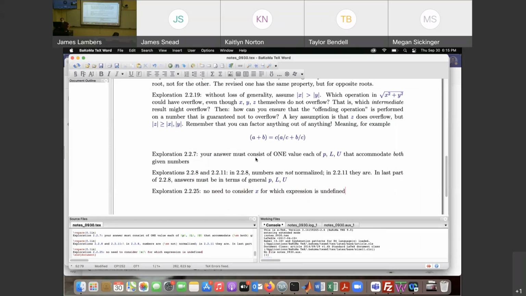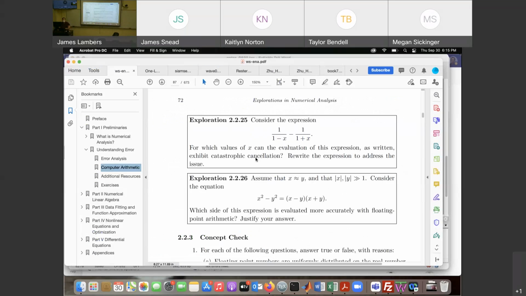Focus on values of x for which the expression can certainly be computed and has a value. It's just that the value is difficult to compute accurately because there's a cancellation situation. Keep in mind when cancellation occurs: if you're subtracting two numbers, what is true of those two numbers that leads to cancellation error, and what values of x will bring that situation about?